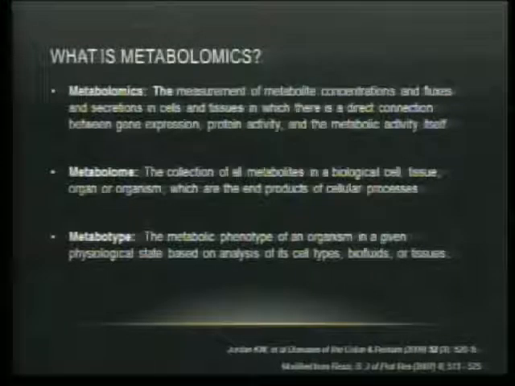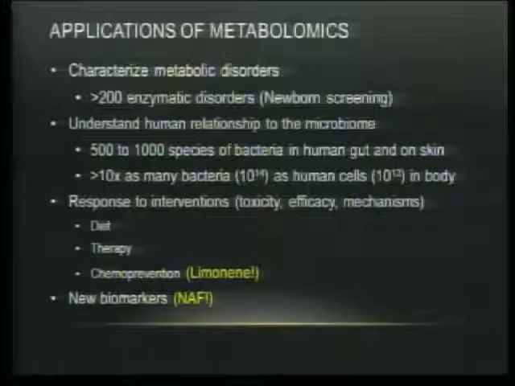We can think of, well, we're trying to discover what is a cancer risk metabotype. And so you can think of, well, maybe inflammatory metabolites would indicate a cancer risk metabotype. Metabolomics is already used in clinical practice to characterize metabolic disorders with newborn screening.